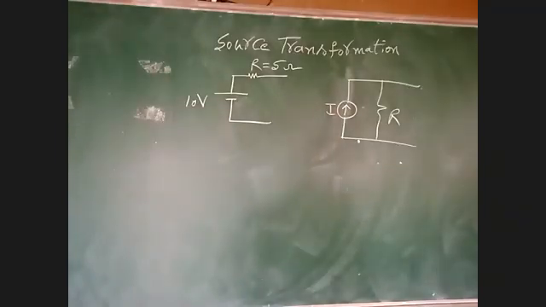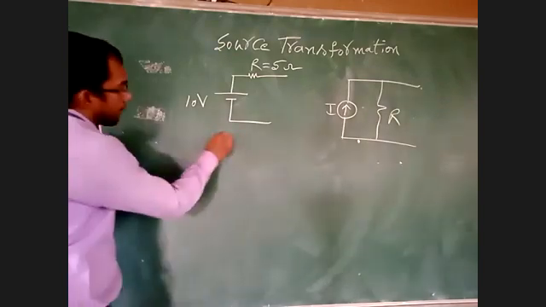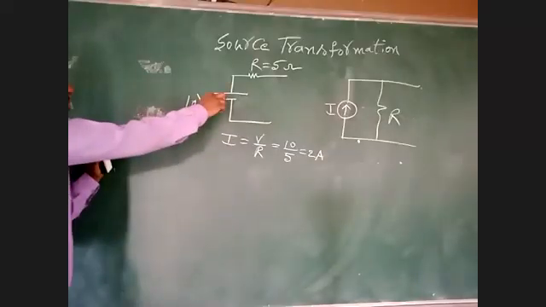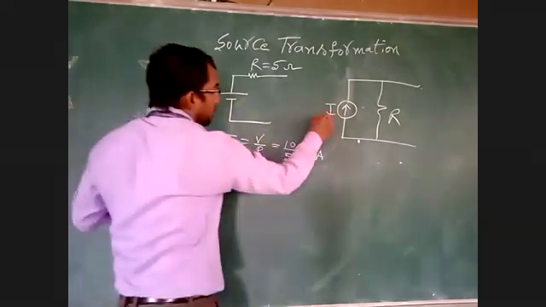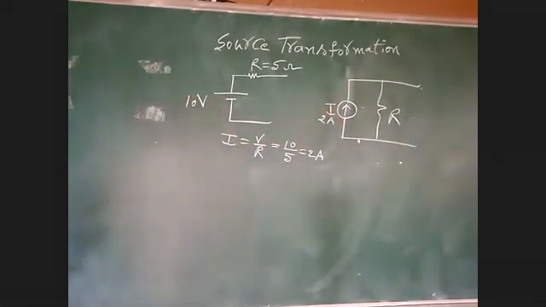Now I want to convert 10 volts to current. What is the formula for current? V by R. Two ampere. Whatever you have got here, I am placing here 2 ampere.